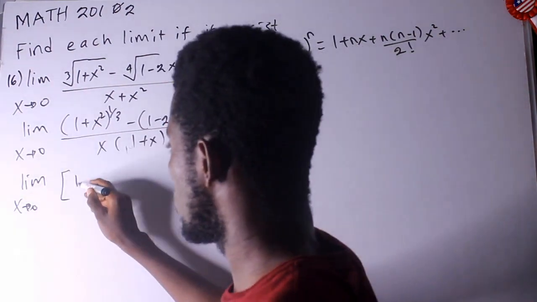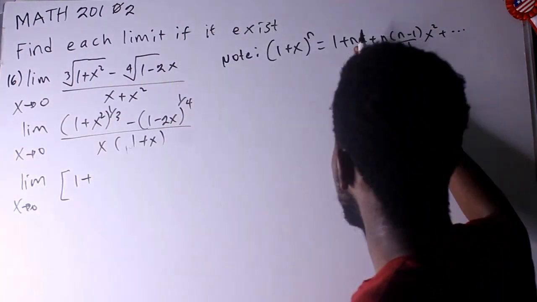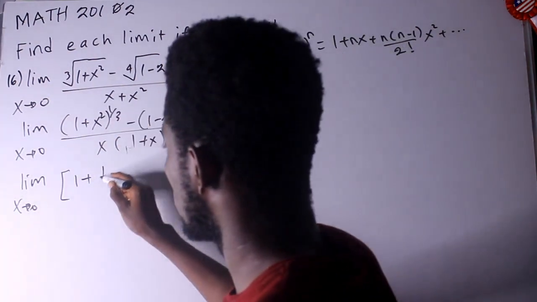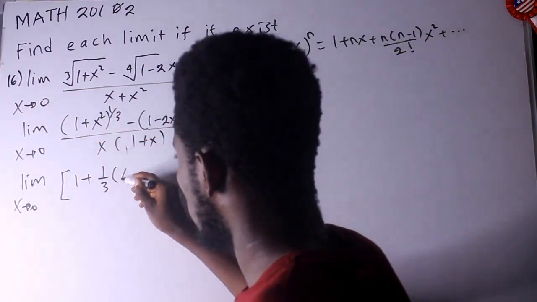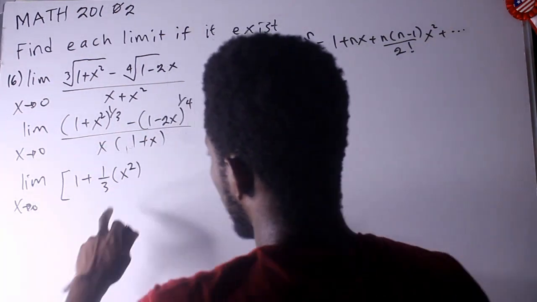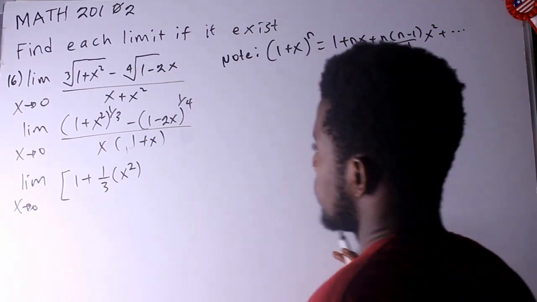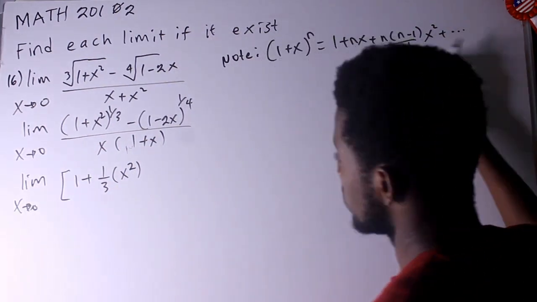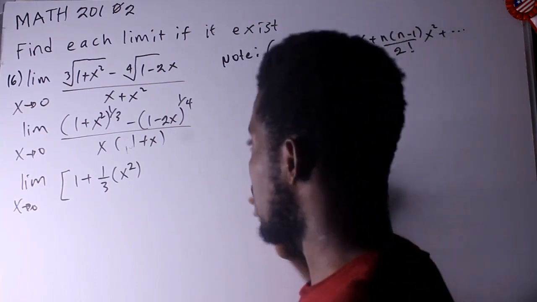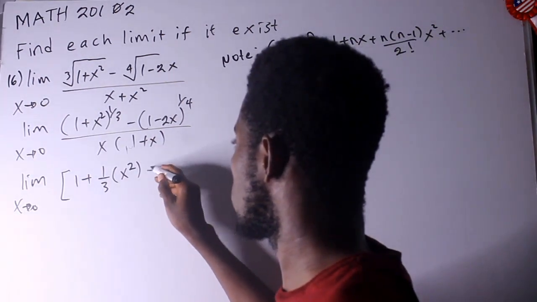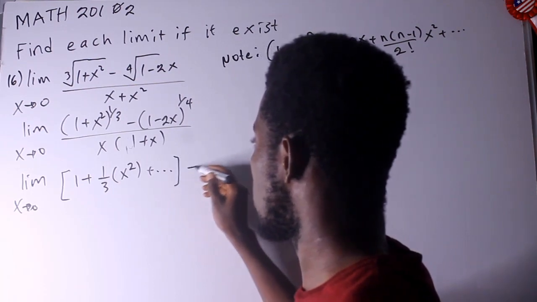So it's 1 plus n. What is n? n is 1 over 3. And what is x? x is x squared. 1 plus nx, that's what you have here. Now, you go on to these, but these are not really important because the rest of the other ones will go to 0. So we have plus dot dot dot, and then I have minus.